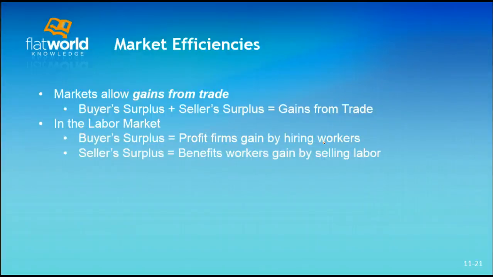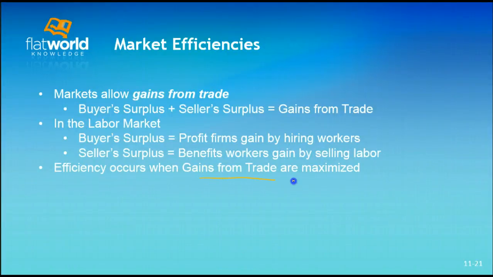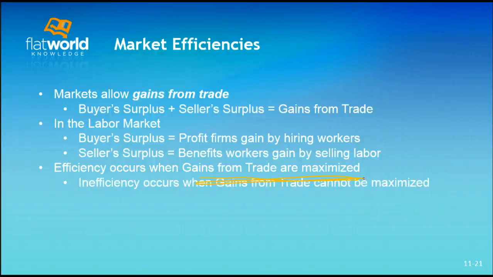In the labor market, the seller's surplus is the benefit workers gain by selling their labor. Efficiency occurs when the gains from trade are maximized. That means nobody can be made better off without somebody being made worse off. We've hit the point where gains from trade are maximized. That's a market operating in an efficient manner.